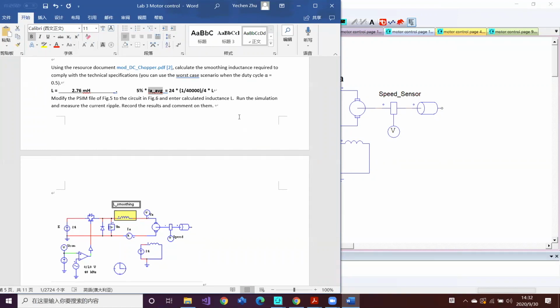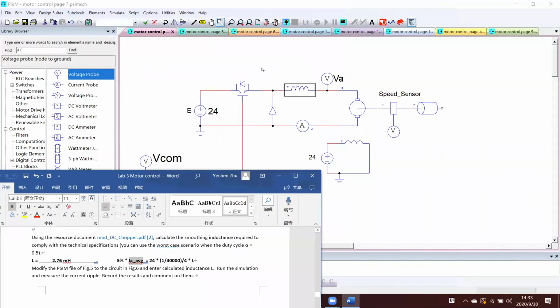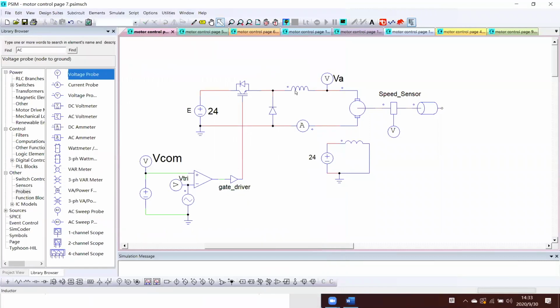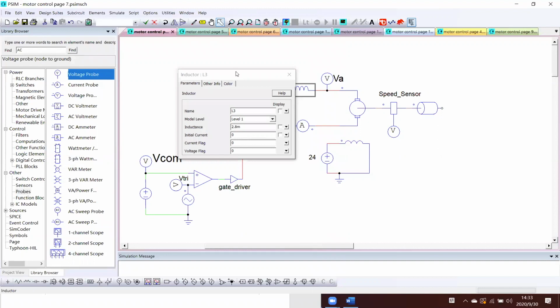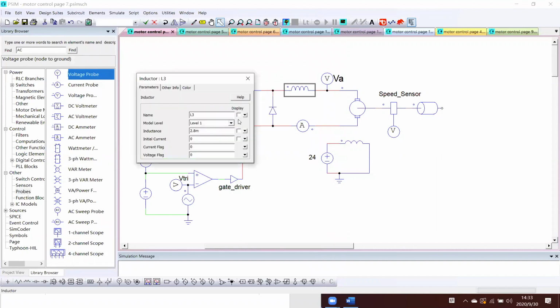Any value close to that is right. Good. Then what you need to do is put an inductor here to smooth the output of the buck converter, and change the value to the value you calculated.